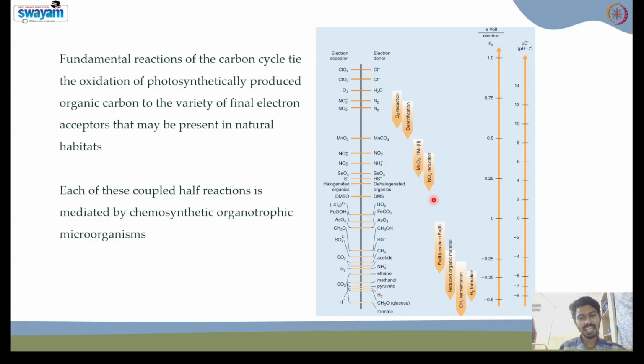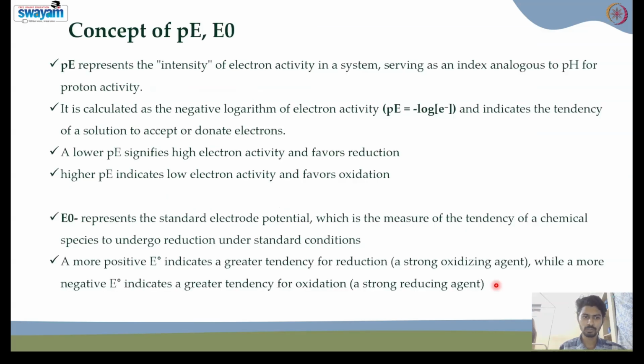So this is the hierarchy of energetically favorable reaction to the unfavorable reaction. And the least favorable reaction is the methanogenesis or hydrogen production. What happens here? The methane is produced from the CO2. So this is the least favorable reaction because it has the lower E naught and PE value.